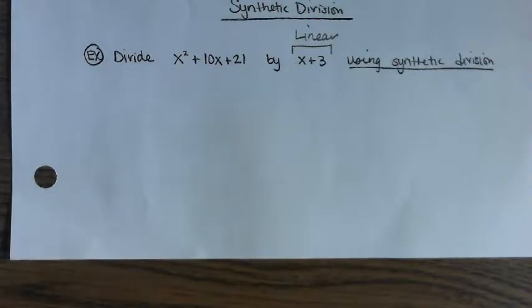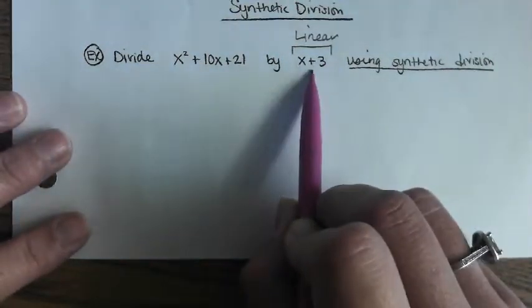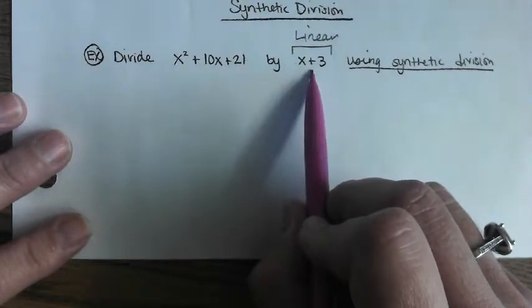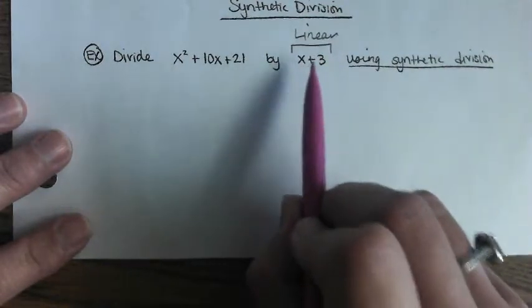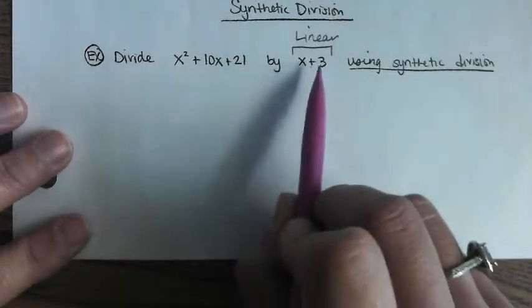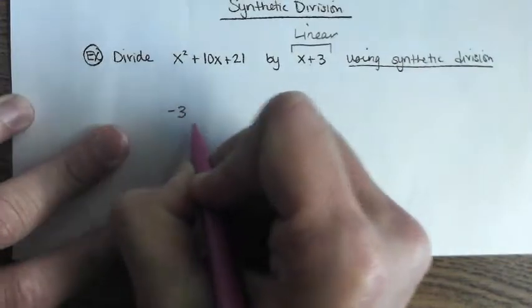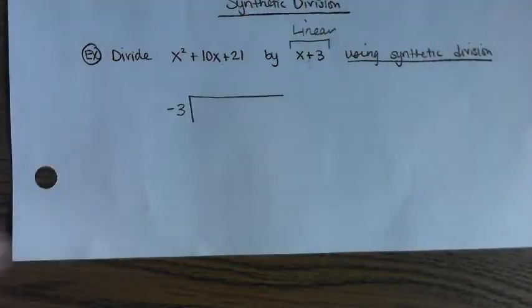So here's how it works. If this is the factor, what is the root? -3, right? If this is to be a factor of this, then the root would be -3. So we put the -3 outside our little division house thing.